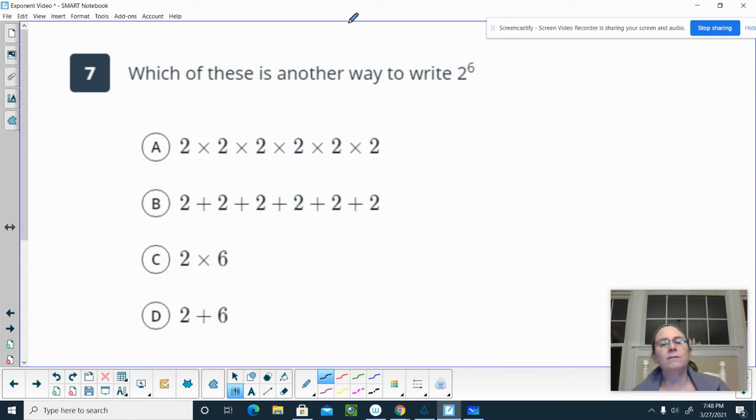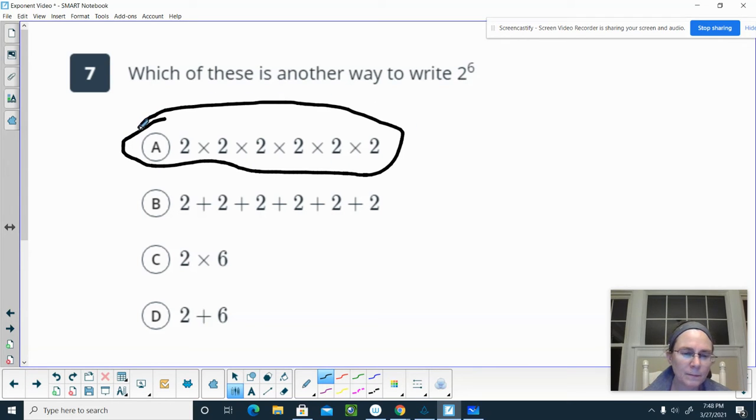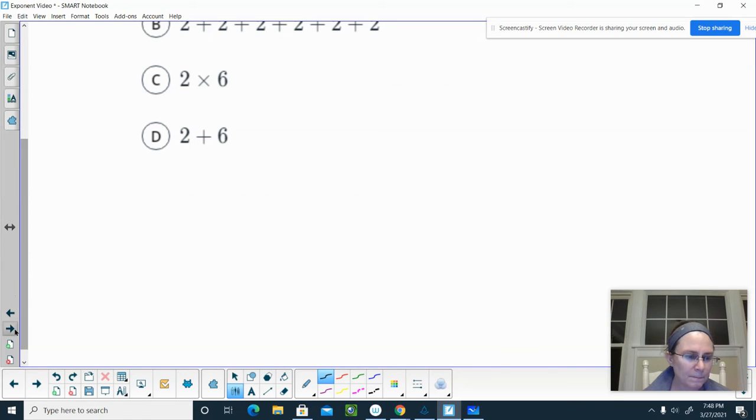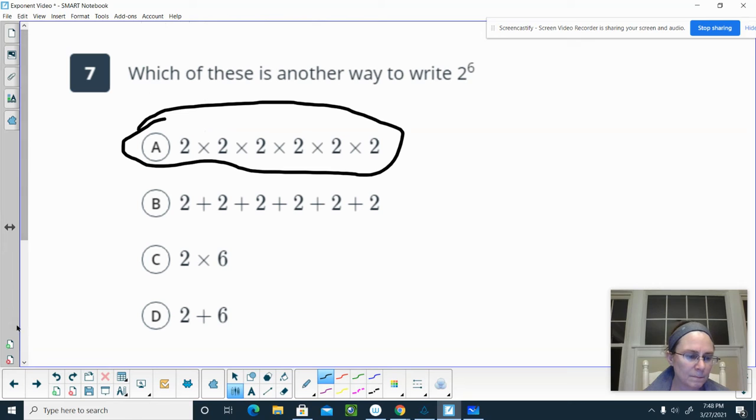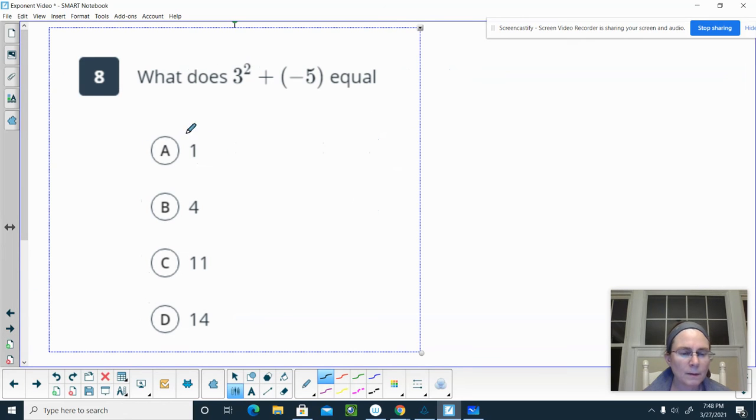Which of these is another way to write 2 to the 6th power? All right, so these are both positive. 2 to the 6th power just means the number 2 as a base multiplied by itself 6 times. So that answer would be this top one. What does 3 to the 2nd plus negative 5 equal?